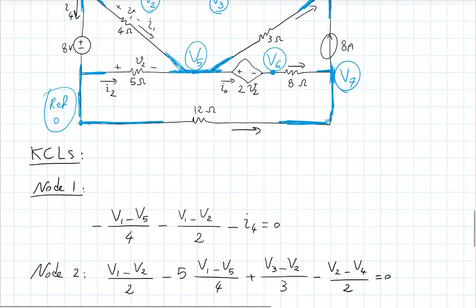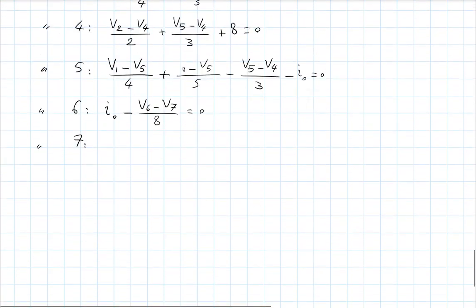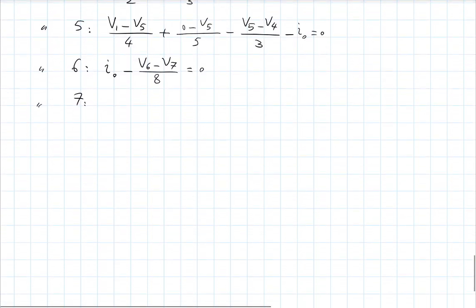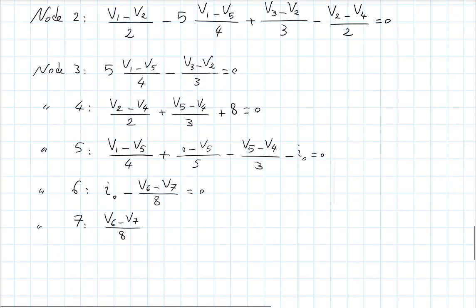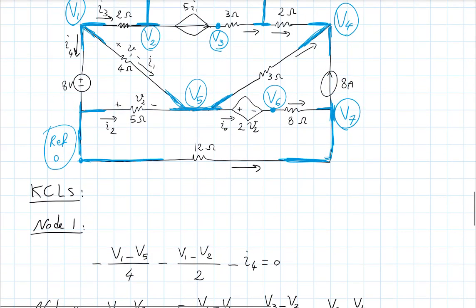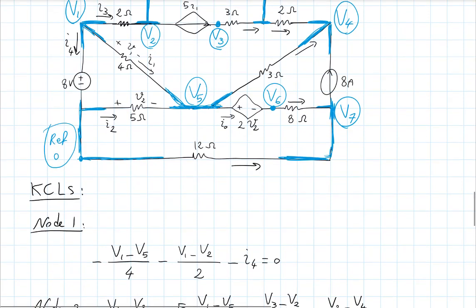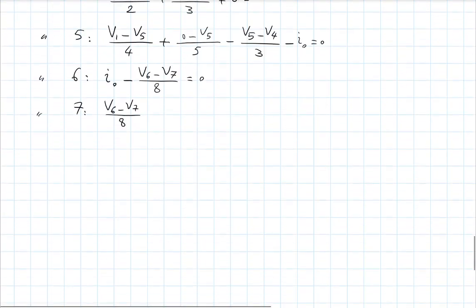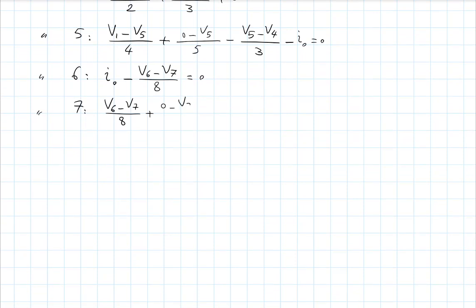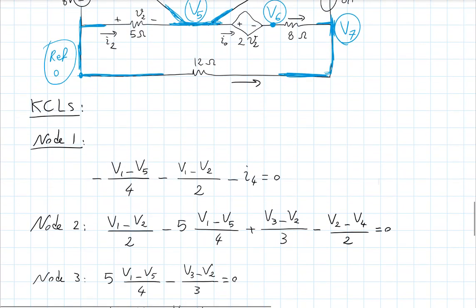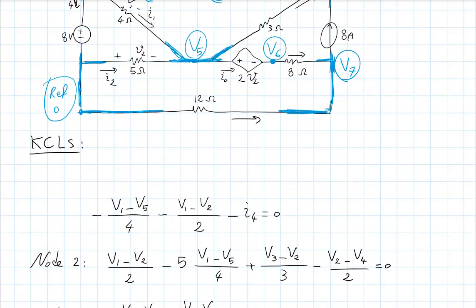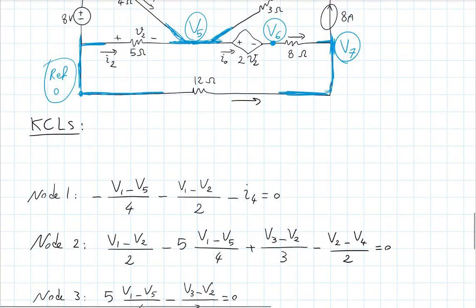So V6 minus V7 divided by 8, plus 0 minus V7 divided by 12, minus 8 amps. So these are my 7 KCLs.